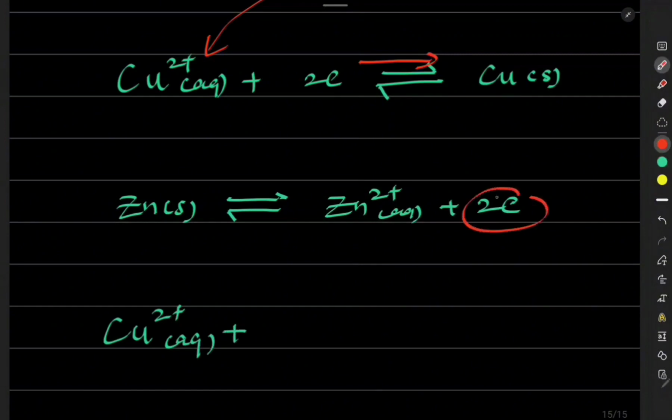These 2 electrons will come here, and they form copper solid. The net flow of electrons will be from zinc to copper.